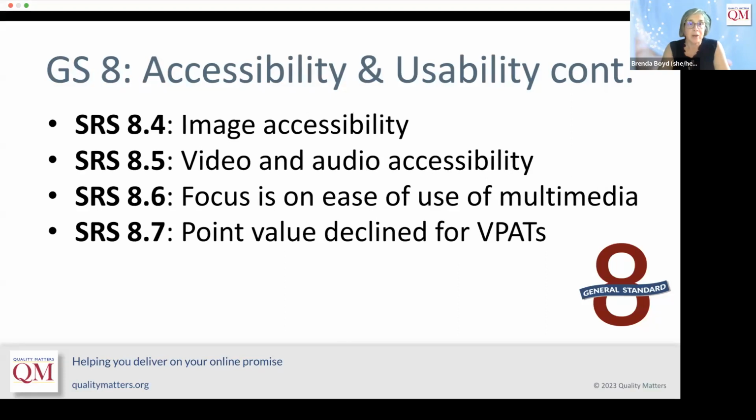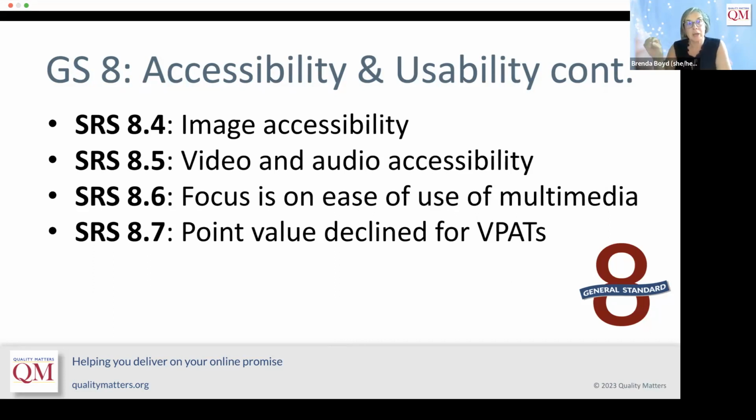So we had gone through, and there was another iteration of this. I will just give you an inside scoop that said all images are going to be accessible, including in videos. And so in the application of that during our demo course reviews, we found that that was not reviewable. So we changed it, so we turned it into image accessibility.